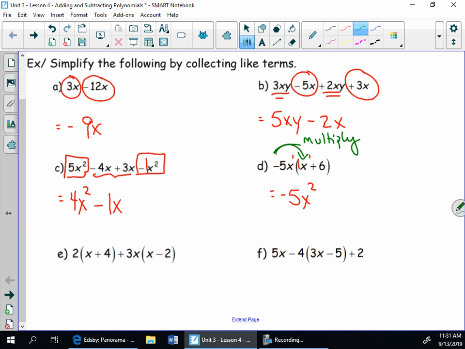Negative 5 times 6, that's negative 30. And I had the 1x, and no more x's, so just the one I started with. When you've eliminated your brackets, check, can you add the two things together? Well, I can't in this case because I got a squared and a 1. Even though the letters are the same, the exponents aren't, so I stop.